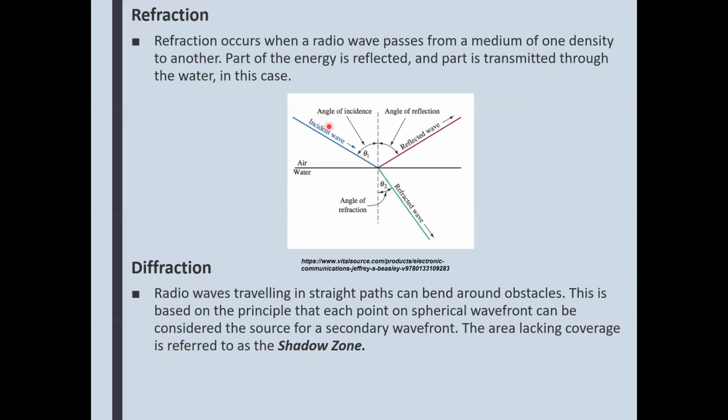So it's going to travel, but it is going to change its angle. And it has something to do with, and I don't want to get into it too much, the index of refraction.